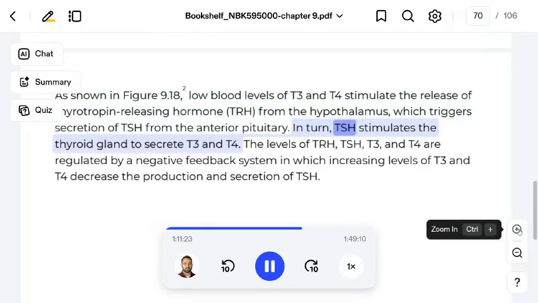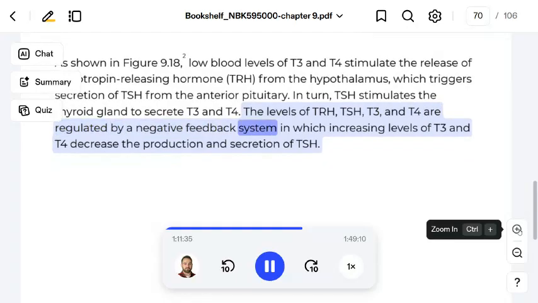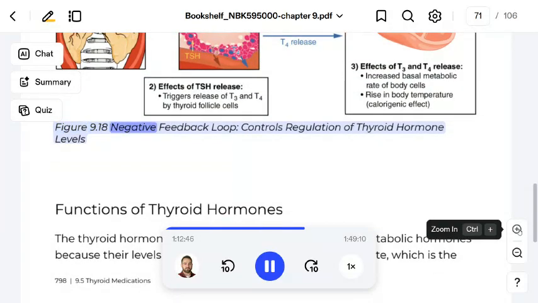In turn, TSH stimulates the thyroid gland to secrete T3 and T4. The levels of TRH, TSH, T3 and T4 are regulated by a negative feedback system in which increasing levels of T3 and T4 decrease the production and secretion of TSH. Figure 9.18: negative feedback loop controls regulation of thyroid hormone levels.